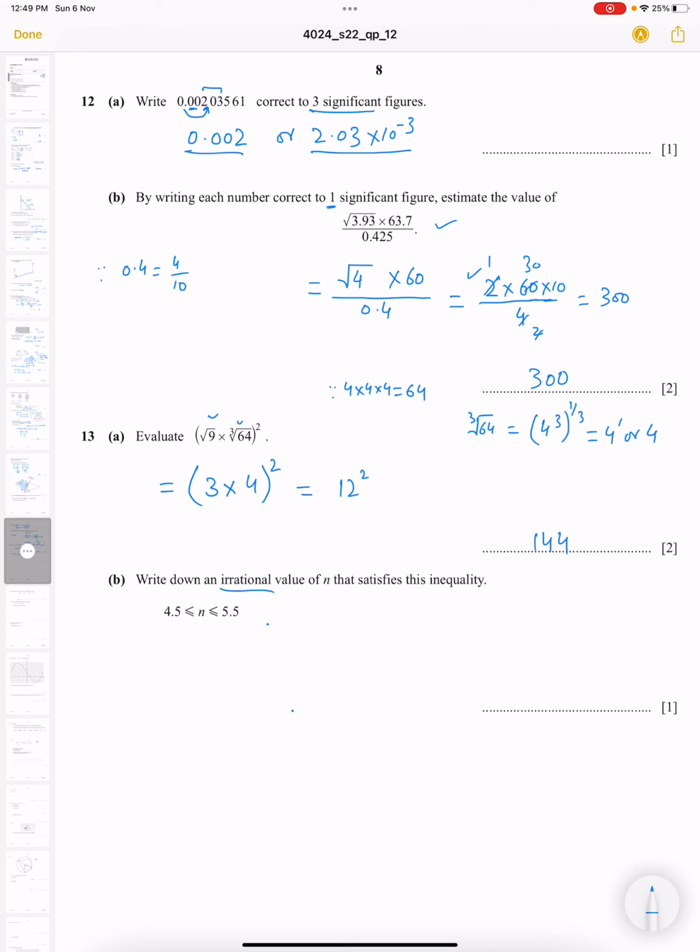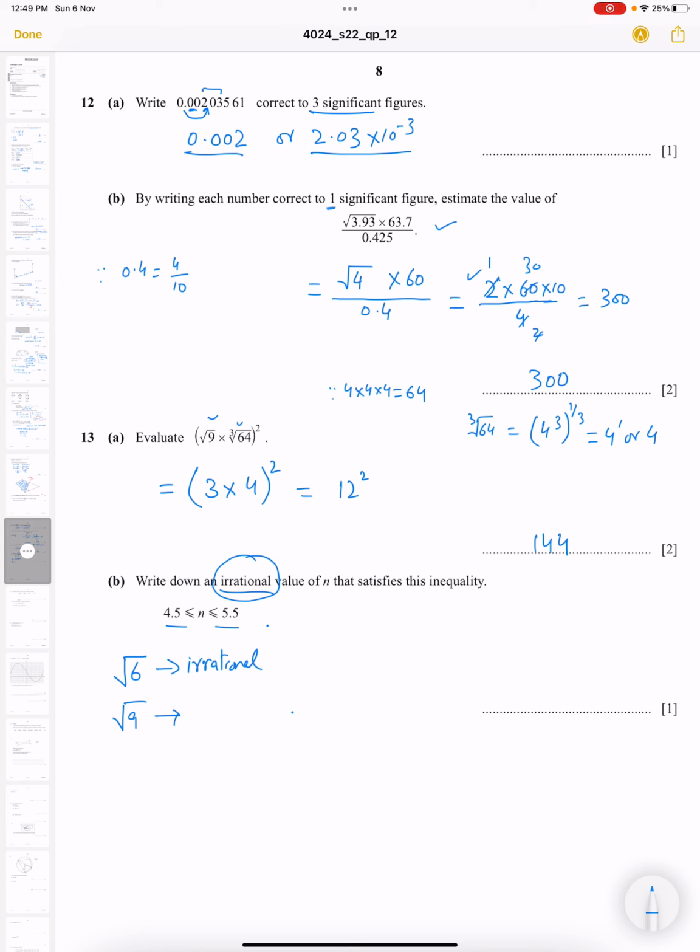On the other hand, 9, as we know that its square root is 3, which is a rational value. Irrational numbers are only those whose square roots are not a whole number, or we cannot know its square root by oral calculations.